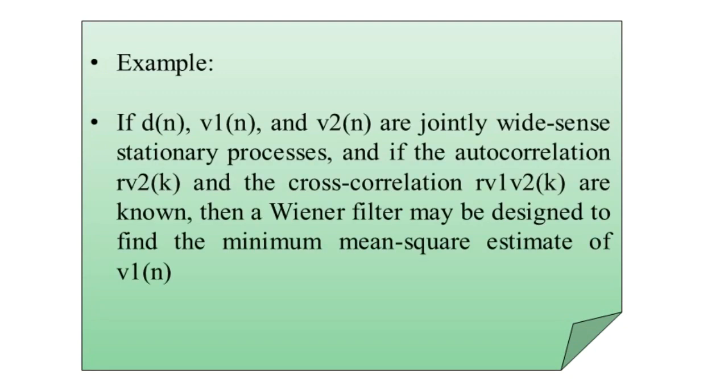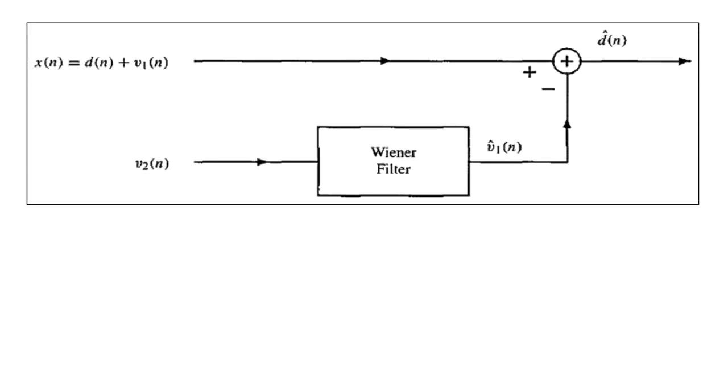Let us have an illustration of the same with the help of a block schematic. In the block schematic, in the upper left corner you see the input of the practical signal x of n, which has the desired signal component denoted by d of n and the noise signal component, which is to be cancelled by adaptive filtering.